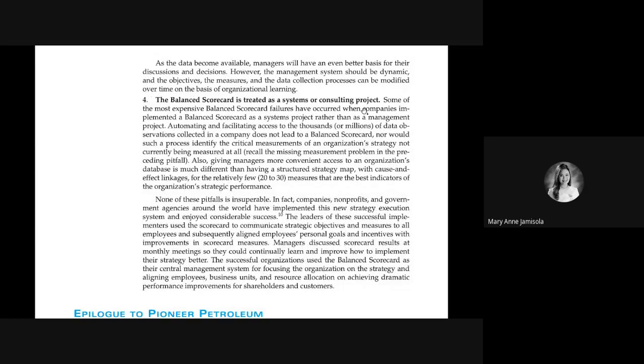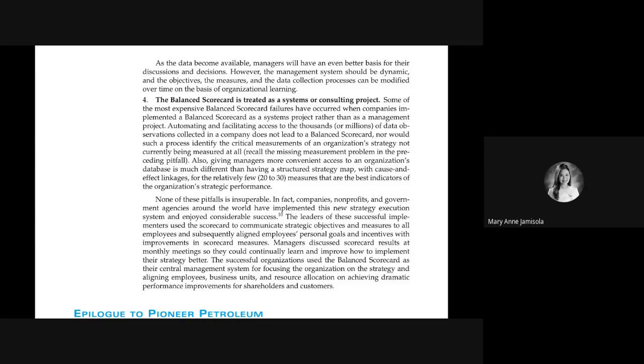Again, we go back to the definition of performance management, diba? Performance management should be a continuous process. It should be a continuous process. And since balanced scorecard is one of our tools that we can use in our performance management, if we just treat it as a one-time event, it's just a project that has a start and an end, then it will defeat the purpose of having a performance management system at all in the first place, no?